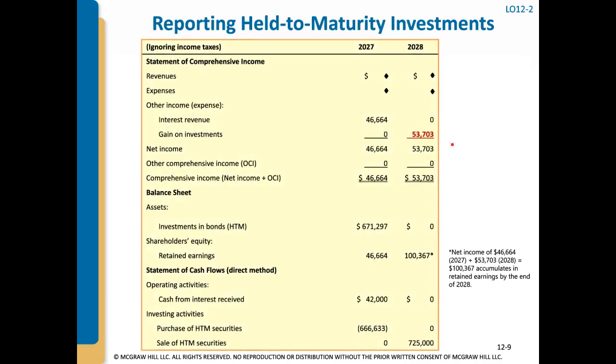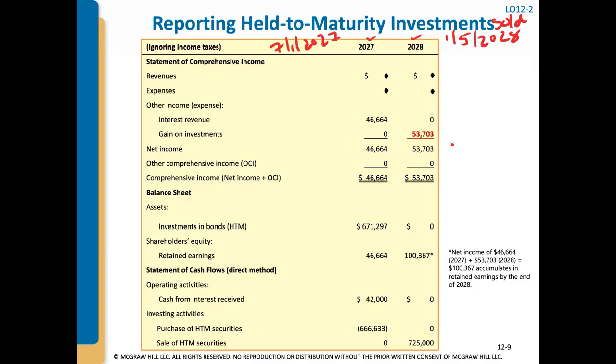Let's just look at this particular example that we've been going through, the presentation of all those financial statements for 2027 and 2028. And remember, we sold this investment on January 5th, 2028, but we purchased it on 7/1/2027.